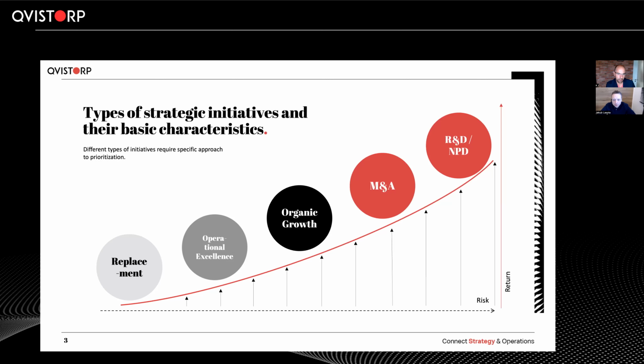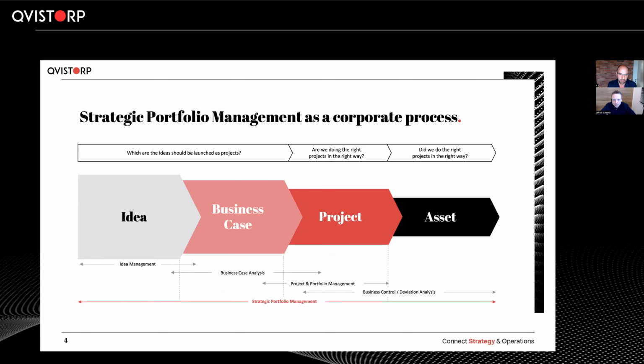What would be your elaboration on that aspect, so that you really start with an idea, and regardless of whether it's an organic growth type of initiative or R&D, you still start in the same place, and the end game is an asset, right? And all the way you sort of have a process, and you're sort of collecting the KPIs as you move along, right? How do you combine those?